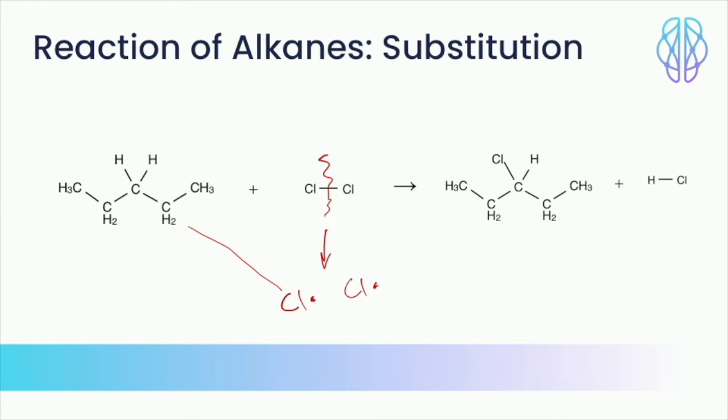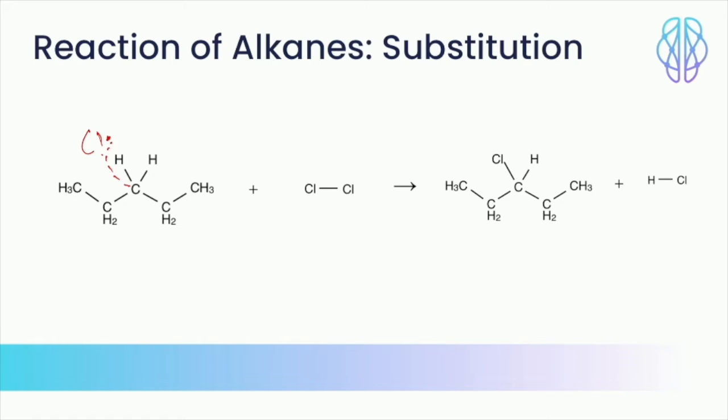So these free radicals are now ready to attack this alkane. Let's do them one at a time. That chlorine free radical is now in position. This chlorine free radical will preferentially bond with this carbon way more than this carbon likes to bond with this hydrogen.